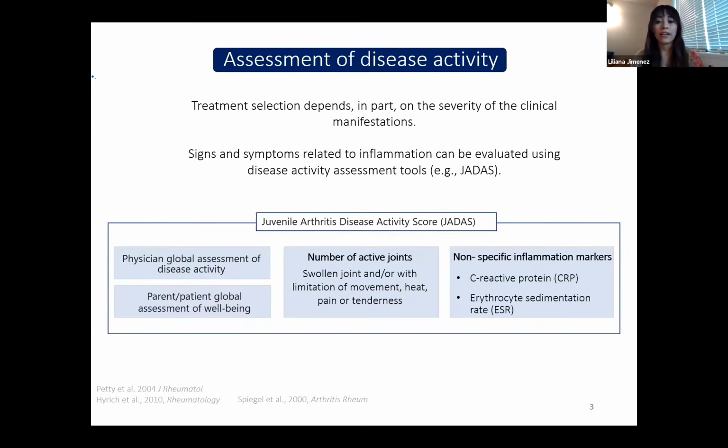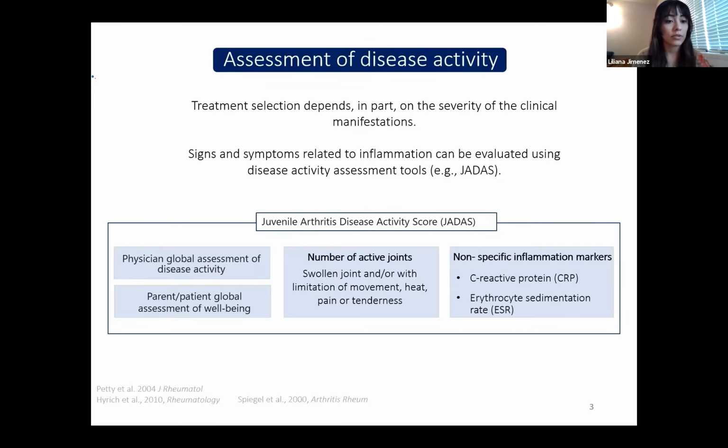The treatment for JIA is selected according to clinical manifestations and the disease activity of the patients. However, the severity of the symptoms can vary in each person, even if they are classified under the same JIA subtype. This makes it even harder for physicians to select an optimal treatment. Currently, disease activity can be measured using different tools to assess signs and symptoms related to inflammation.